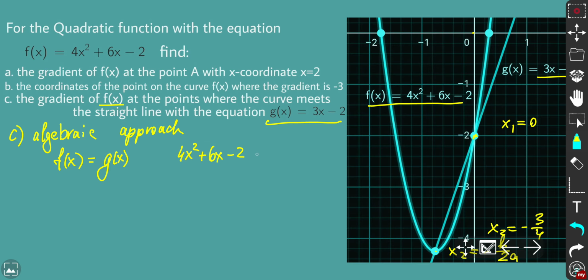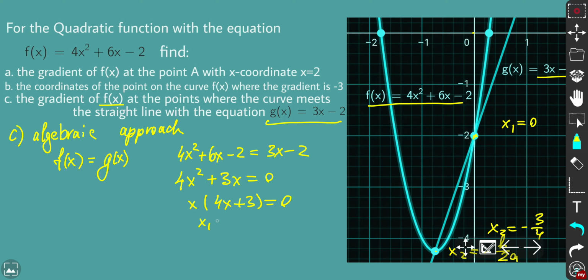The algebraic method works pretty fast, I think. In this case, that's a pretty easy quadratic equation without free coefficients. So you'll get plus 3x equals 0, because negative 2 and negative 2 will be cancelled. So you factorize and you'll get 4x plus 3 in the brackets equals 0.